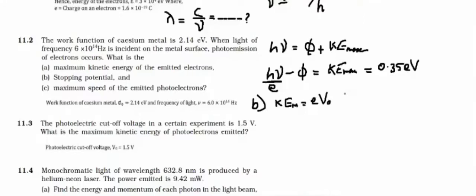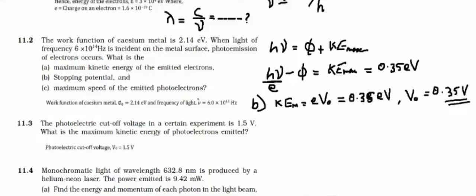Ke max is 0.35 electron volt. Therefore, what will be the value of V naught? From this equation, you can see the stopping potential V naught will be 0.35 volt. So if you have energy in terms of electron volt, directly you can calculate the stopping potential.